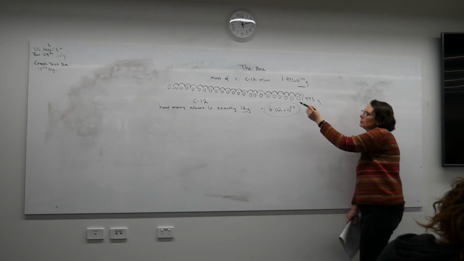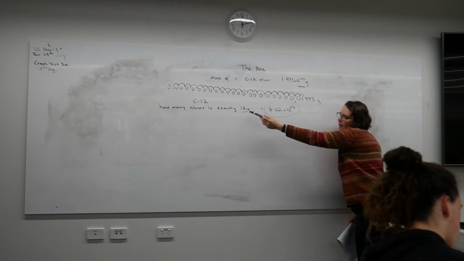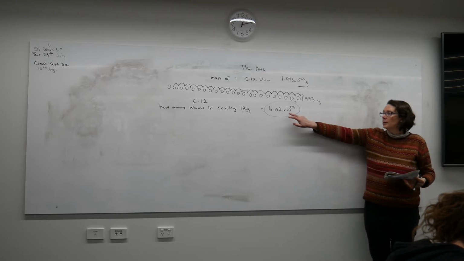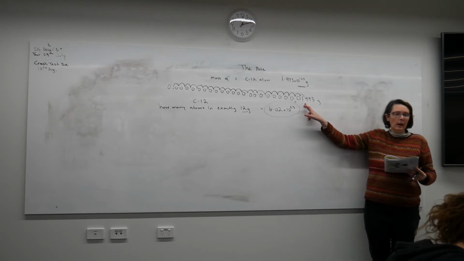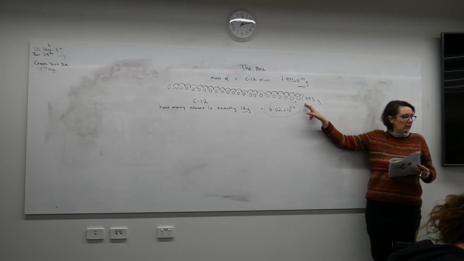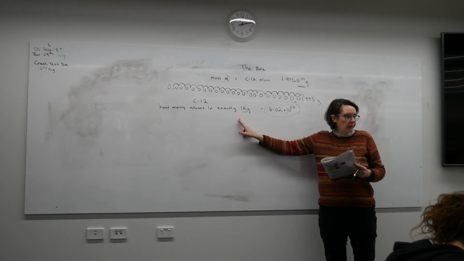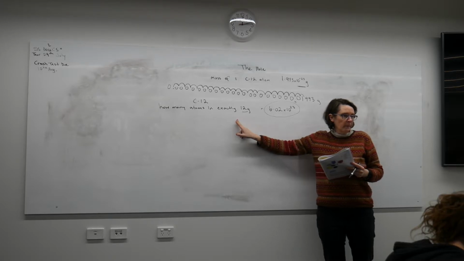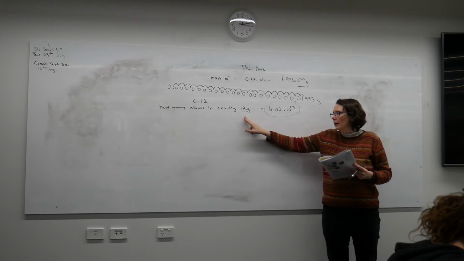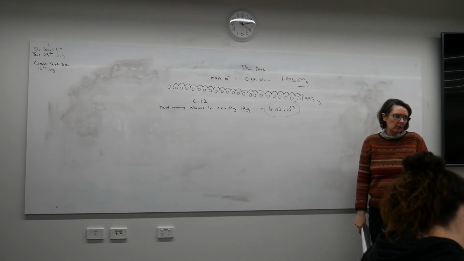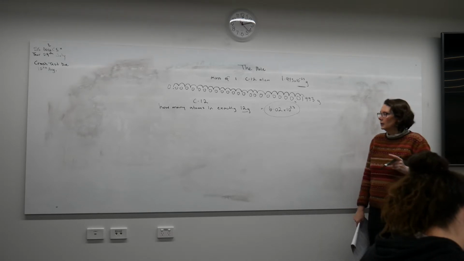So if I multiply these two numbers together, I would get 12, wouldn't I? If this tells me how many there are, and this tells me how much each of them weighs, then I should end up with the mass of 12 grams. Where did you get the 6 from? Where did I get the 6 from? 6.02.